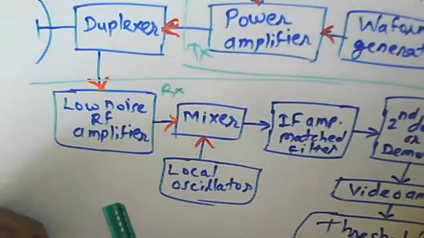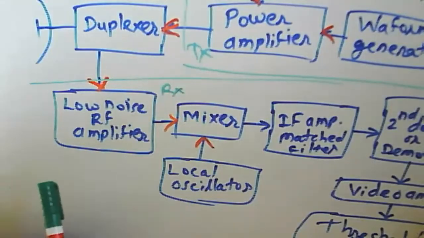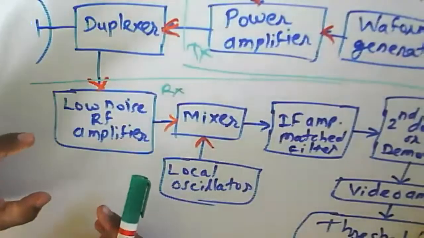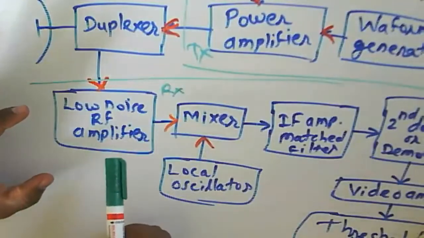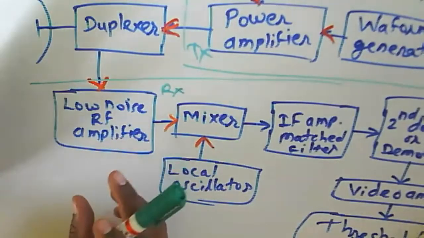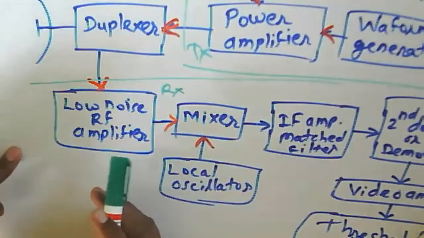So that's why this low noise block is not there in a military radar. But if you consider other radars, suppose an air traffic control radar, in that case they have the low noise RF amplifier block. The low noise RF amplifier block is used before the mixer stage.